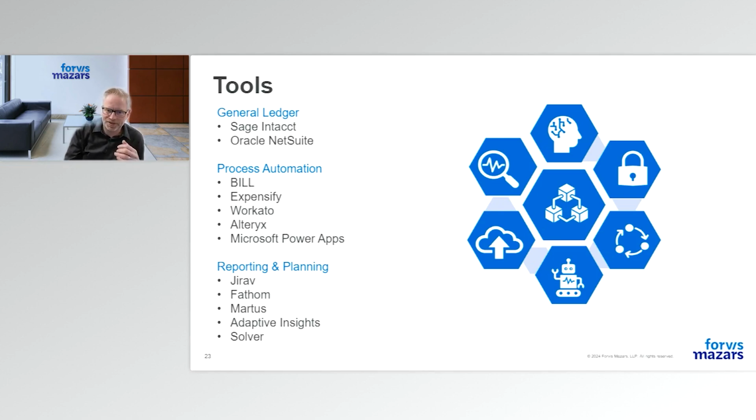And then we have some data transformation tools listed here, Alteryx and Microsoft's Power Apps. This is where you can take information from a flat file or maybe even a web connection and transform it into data you can actually use in your accounting system. And then some reporting and planning tools, Derive, Fathom, Martis, Adaptive Insights, and Solver are all tools used at this firm.